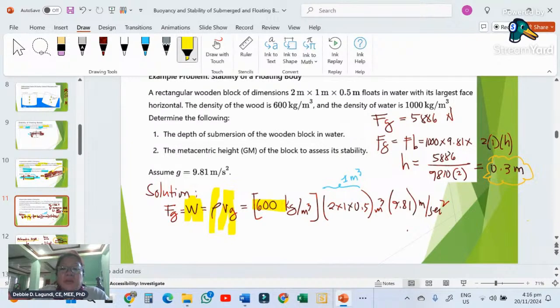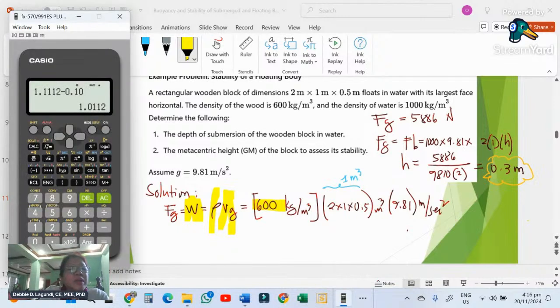If you multiply this together, we have 600 times 2 times 1 times 0.5, that is in cubic meters, times 9.81. Then you get 5886 as the force due to gravity, or the weight.